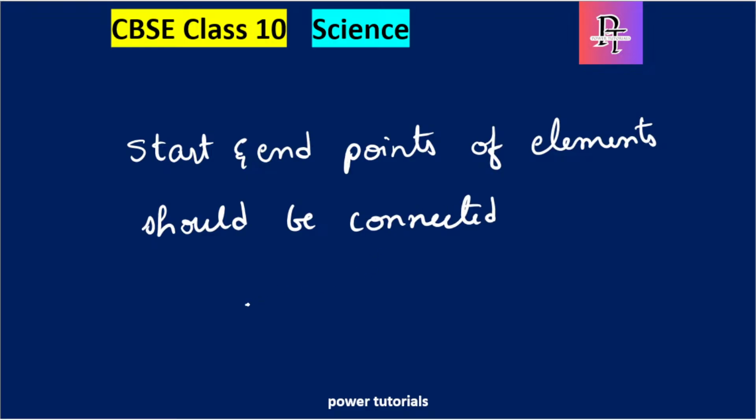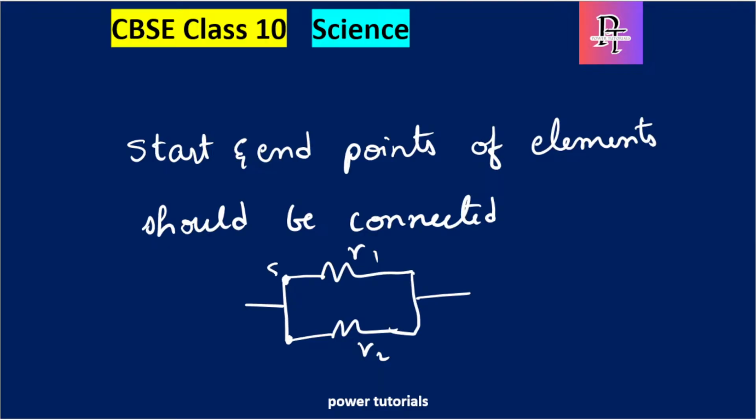For example, if I have two resistors like this, R1 and R2, then I will say these two are in parallel. Why? Because this is the starting point of this resistor, and this is the starting point of this resistor. Both the starting points are connected and both the ending points are connected.